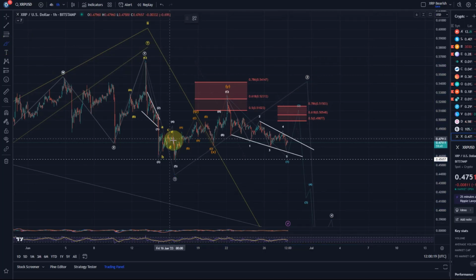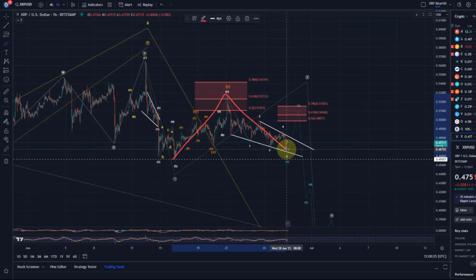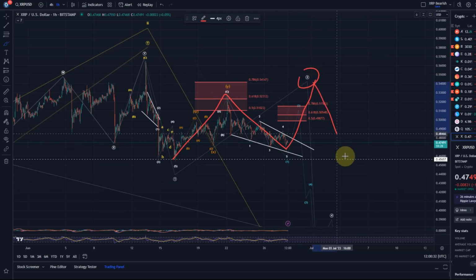The wave count would then be that this here to the upside was just a wave W. This here is an X wave, or even an AB, and the move up will be a Y wave or a C wave. Finish a wave 2 and then start the third wave down. I'm very much open to that idea. It's not even low probability.